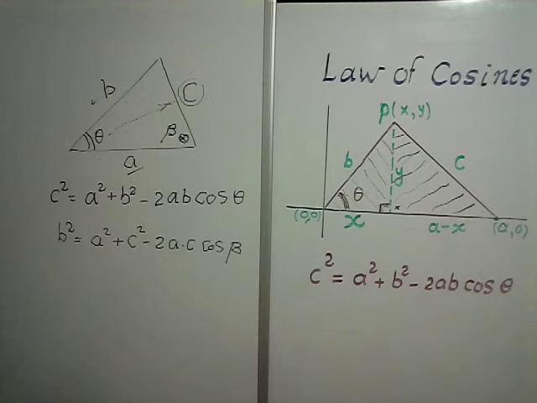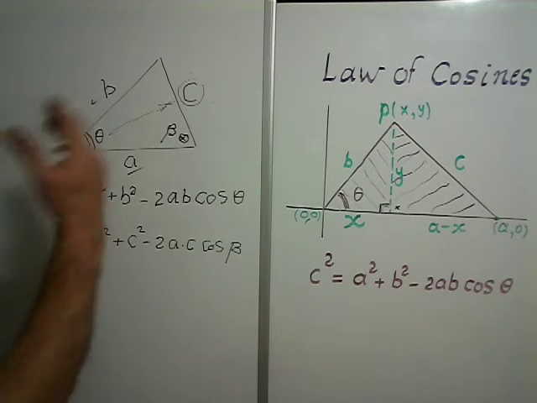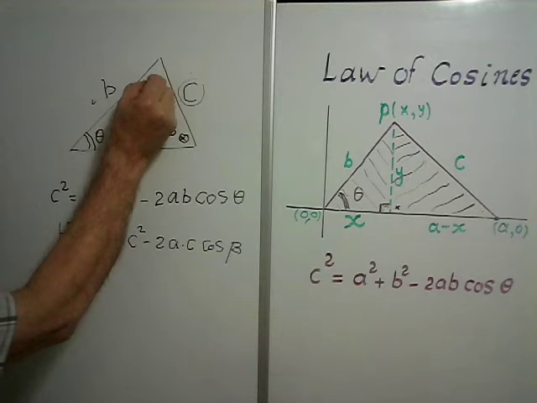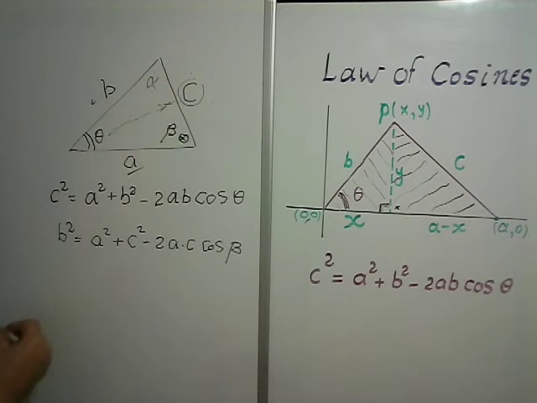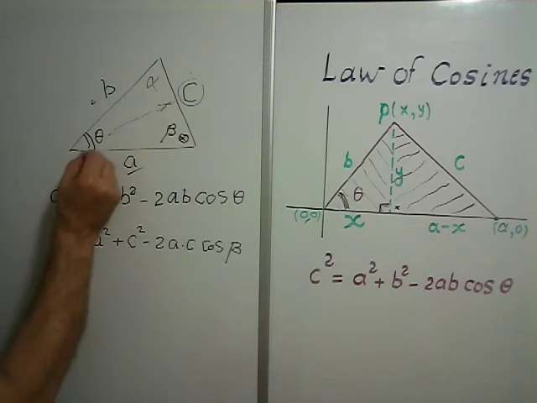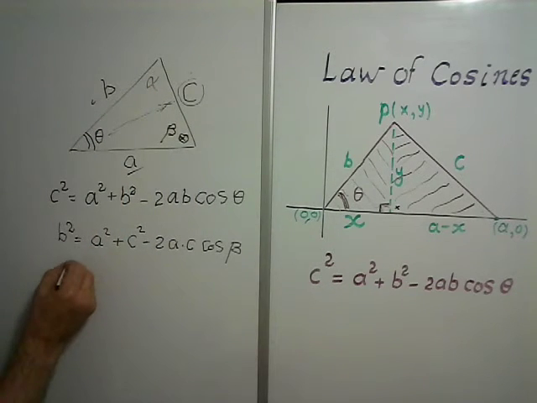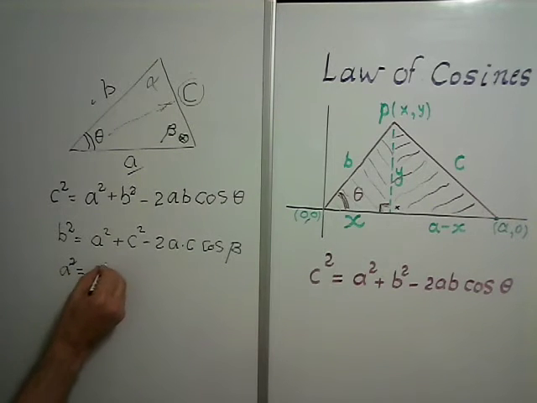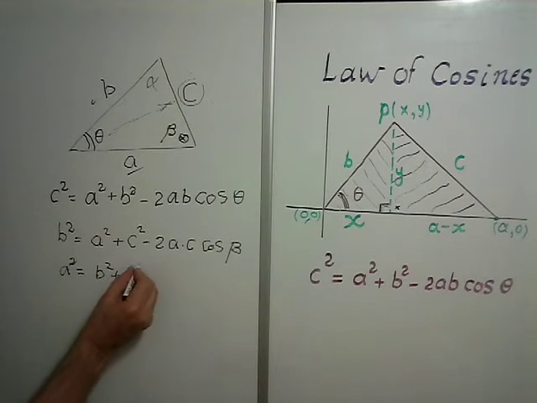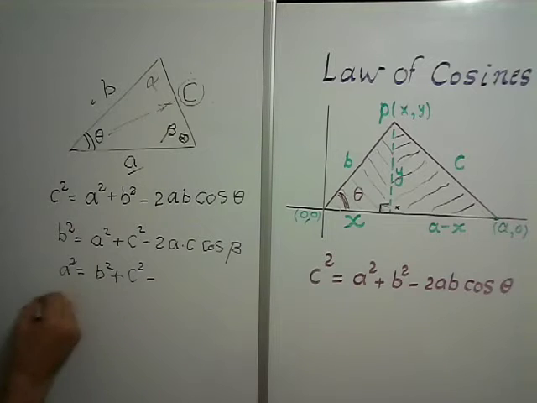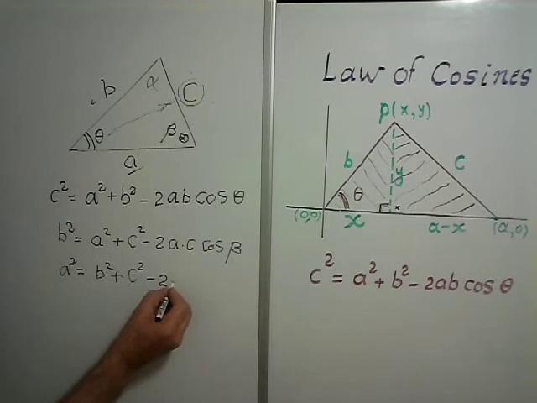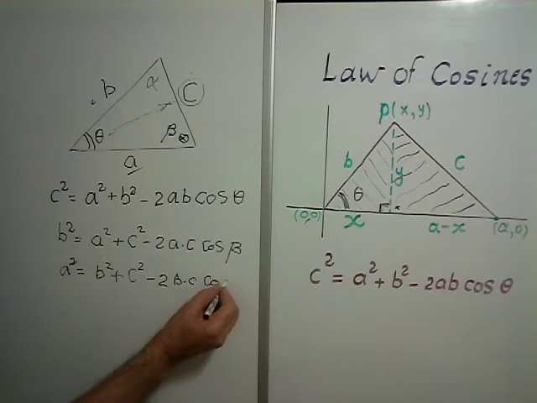Okay. Also the third angle here, if we consider it as alpha, we can say the opposite side for alpha is A, so square of A is equal to square of B plus square of C minus double B by C by cosine alpha.